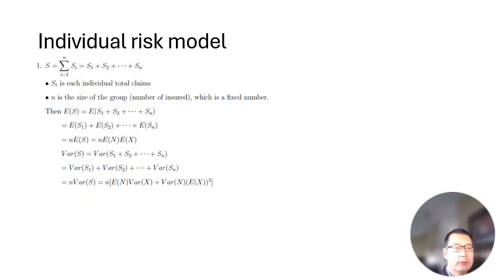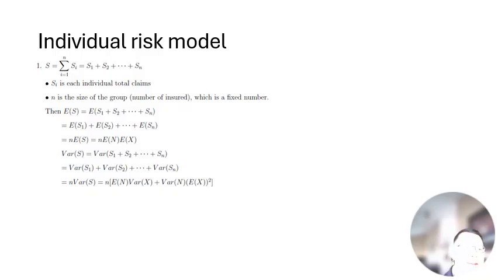So previously we talked about the collective risk model. Now we are talking about the individual risk model. In this case, S would be the sum of Si, i from 1 to n, where Si is each individual's total claims. So for each person, you will have a series of claims, but you group them together as Si.